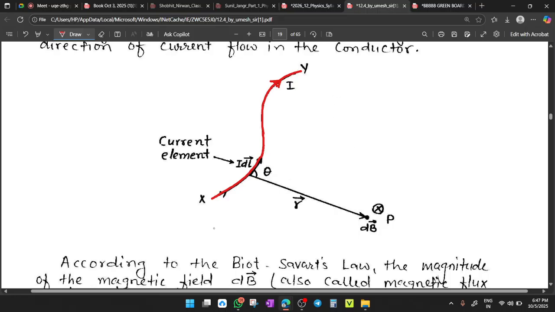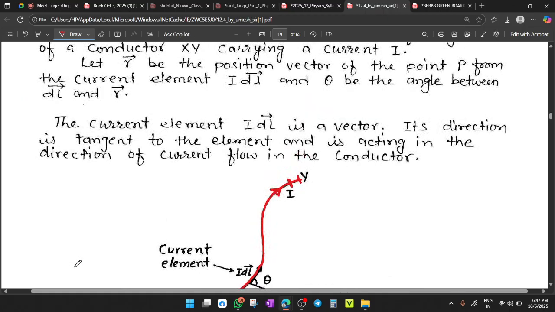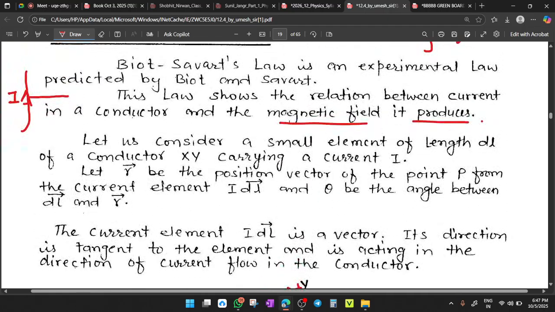If you divide this conductor into very short dl elements, there may be infinite dl elements, right? But out of them, you have to suppose only one length element. So let us consider a small element of length dl of conductor xy carrying a current I.